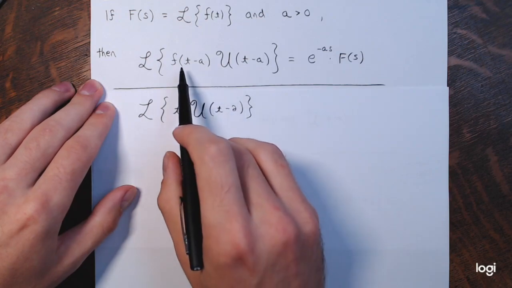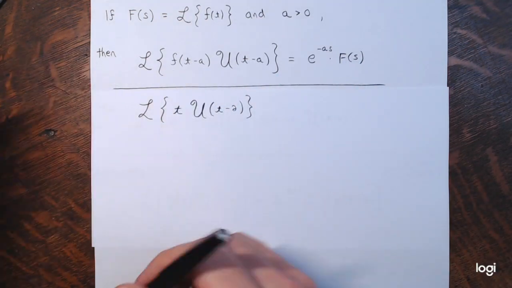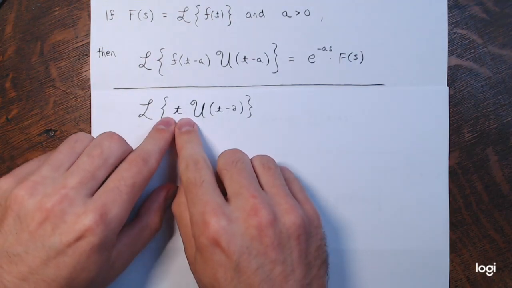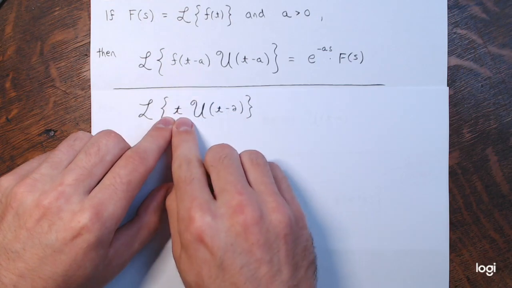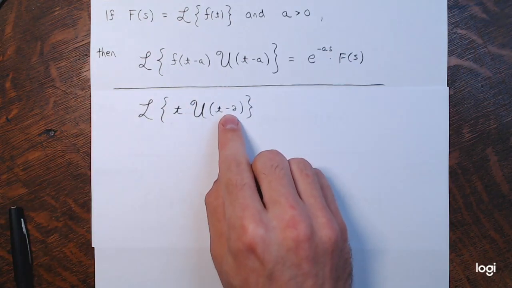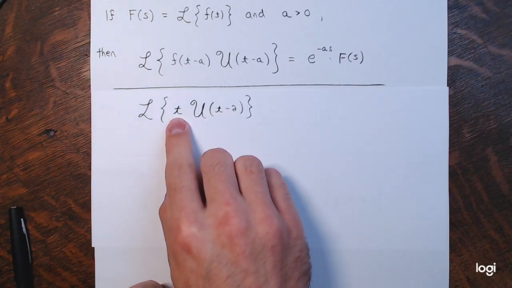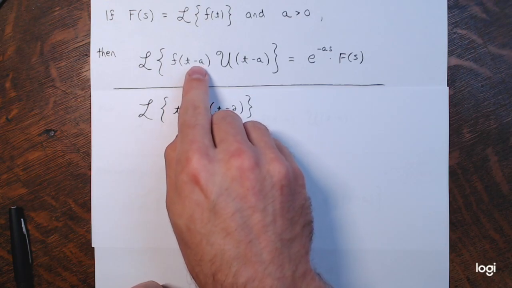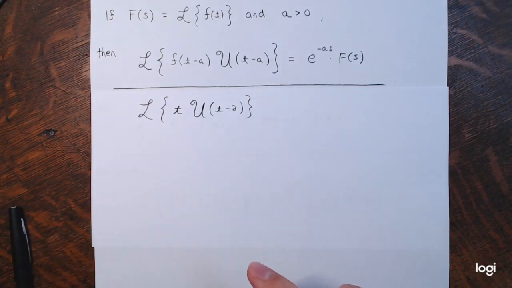Well, if I want to use this first version of the theorem, I want to get an expression here involving t minus a. I have t minus 2 in the unit step function. So I'd like this expression in front to also have the expression t minus 2 involved, but it doesn't right now.